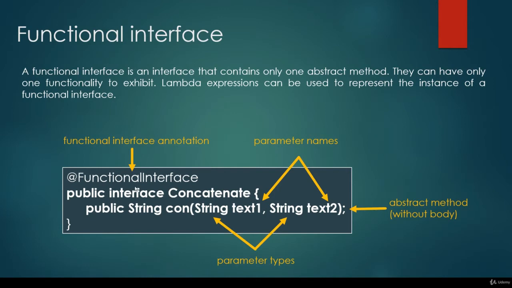It is an interface, so this is why we have to use public interface Concatenate, and then we can use a public String concatenation method with the parameter types, in this case Strings, and parameter names text1 and text2. As you can see, it is an abstract method without a body, of course, because it is an interface. So this is called a functional interface.